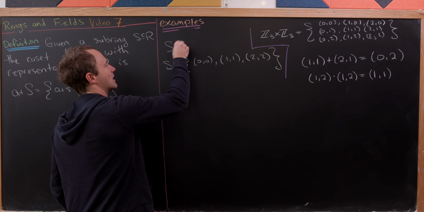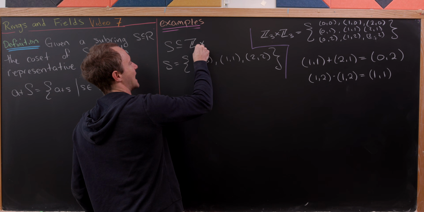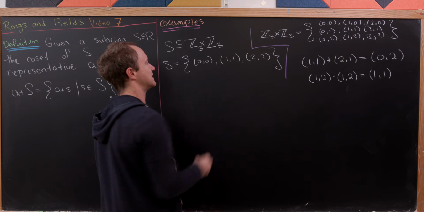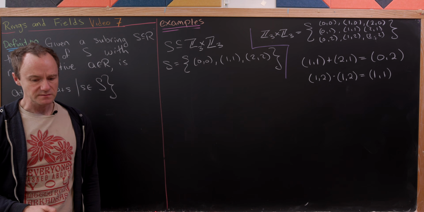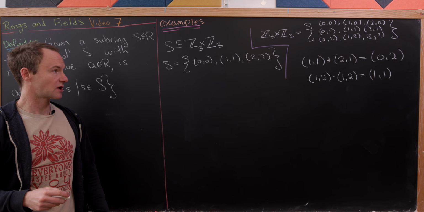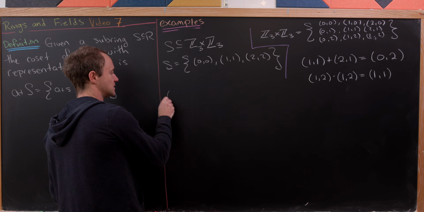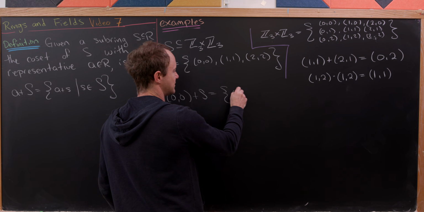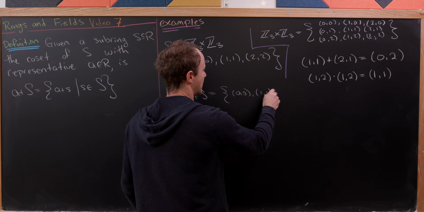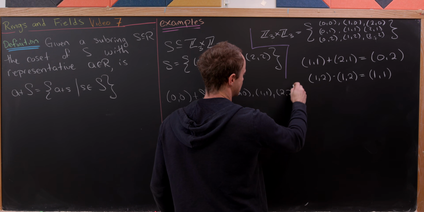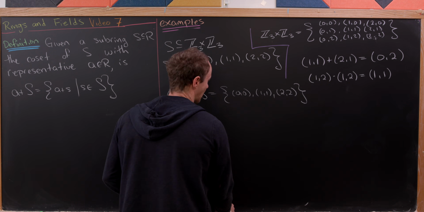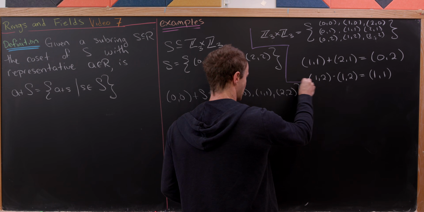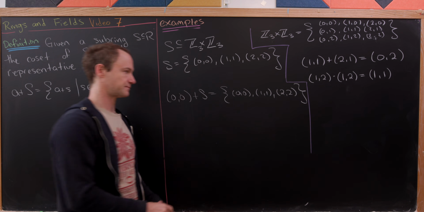And I just point out up here that we're viewing this as a subring of Z3 cross Z3. Now let's look at some cosets. Let's first look at (0,0) plus S, but that's just going to be (0,0), (1,1), and (2,2). So that's just our original subring. There's not really anything going on right there.